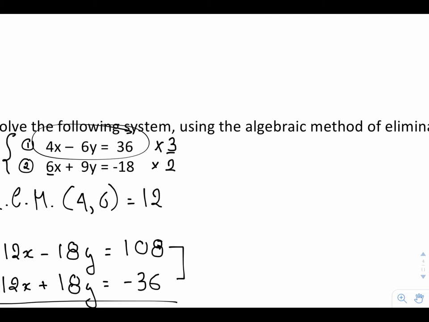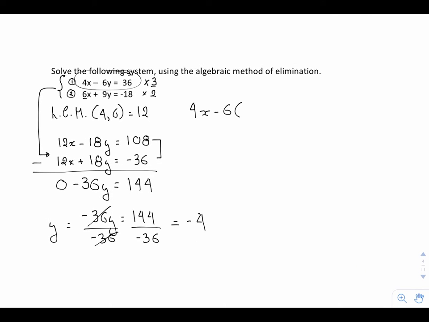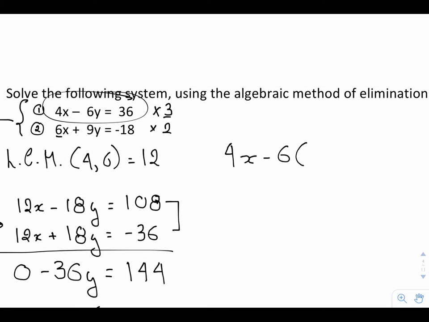So I have 4x minus 6 times, what did we solve for? 6 times negative 4, close bracket, equals 36. And now I'm going to go about solving it.